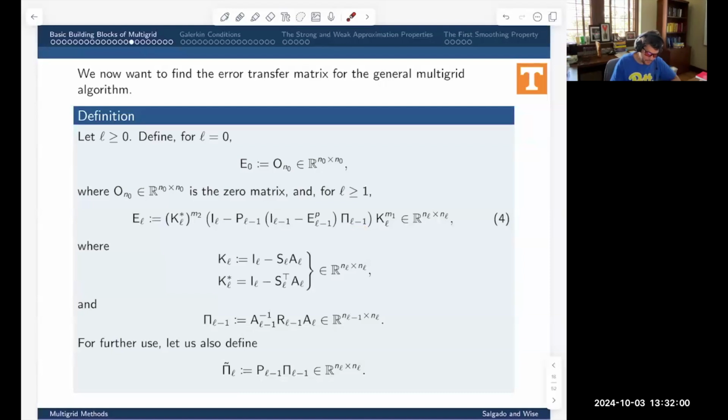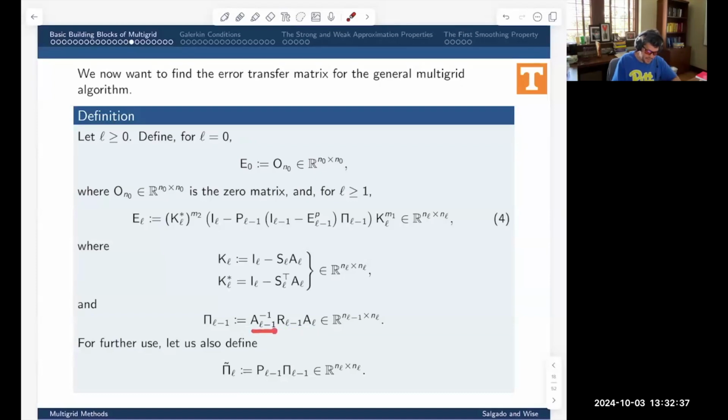Now, Pi_{L-1} has the same definition as when we were talking about the two-grid method. Pi_{L-1} is A_{L-1} inverse times the restriction matrix times the fine grid stiffness matrix. So the inverse of the stiffness matrix on the coarse level, times the restriction matrix, times the fine level stiffness matrix again. It's useful for you to make sure that this makes sense as multiplication and figure out the sizes of these objects.